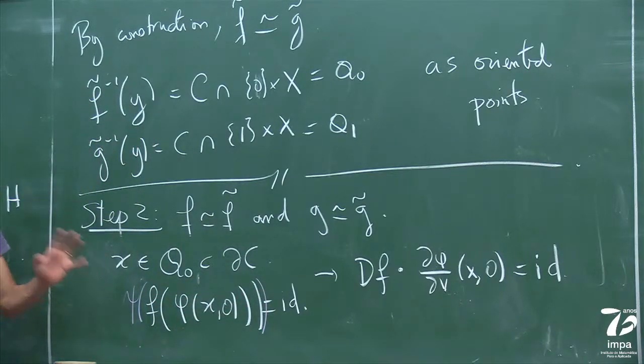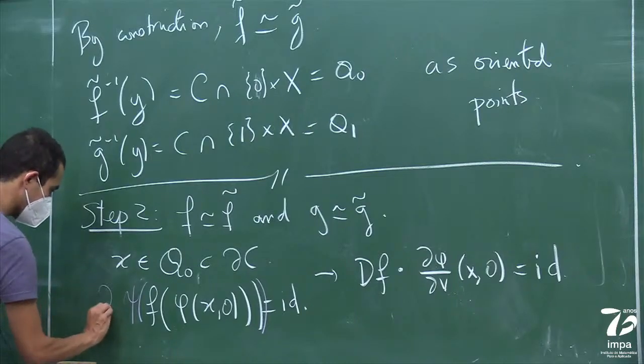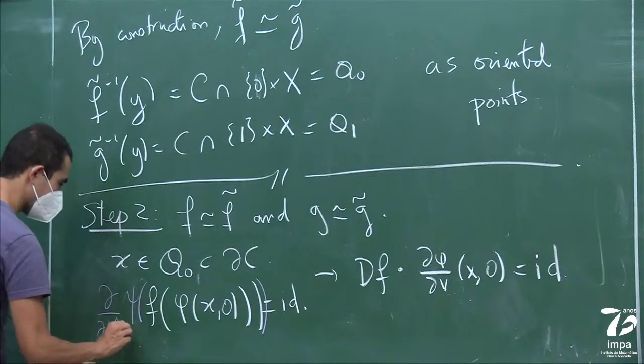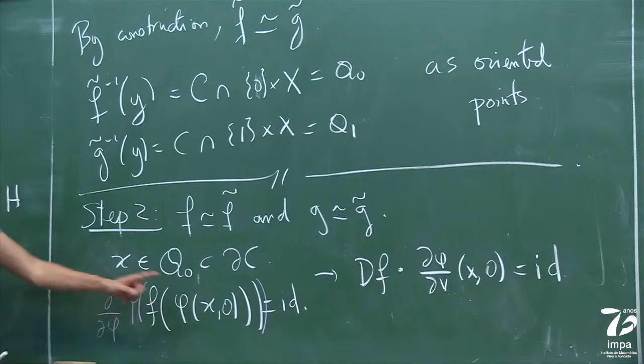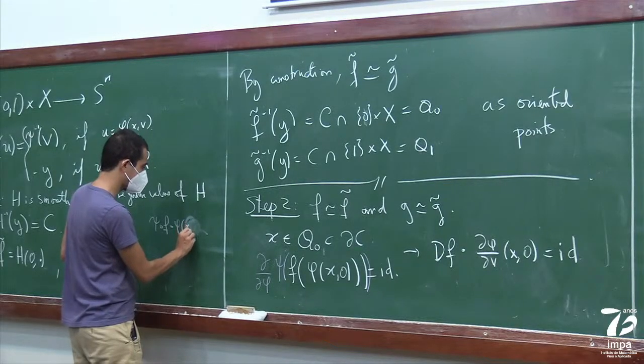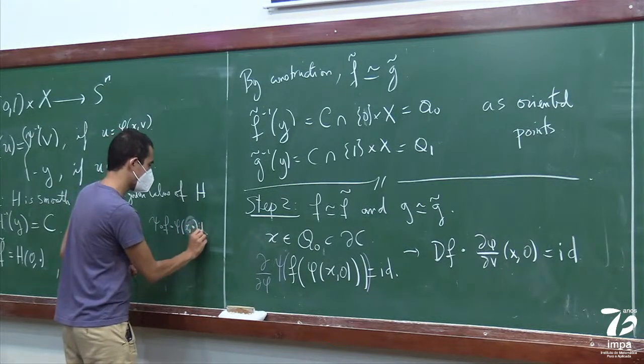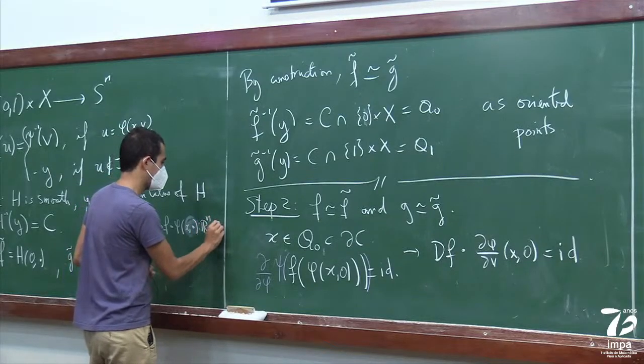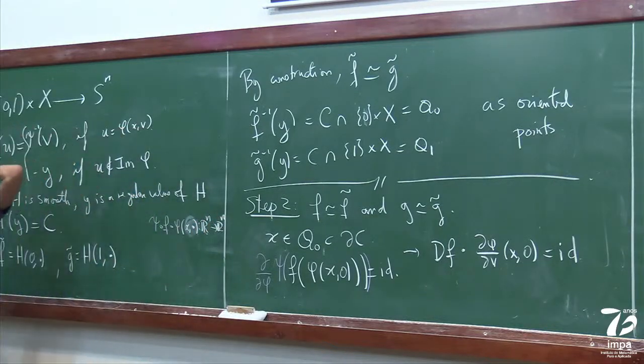You have to look at the stereographic projection, and then you look at the derivative. Because this map, the stereographic projection composed with f, composed with phi of 0, x, is a map from Rn to Rn.